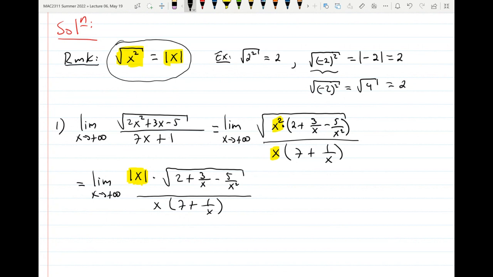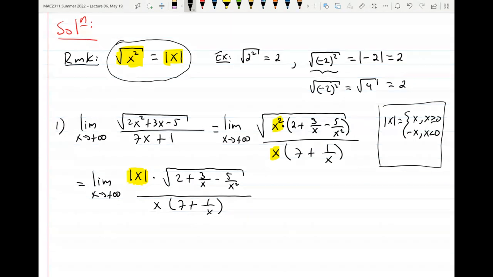Because remember, what's absolute value of x? Remember that absolute value of x equals x itself if x is greater or equal than 0, or negative x if x is less than 0. This is the recipe of how you eliminate absolute value. You can get rid of it, but before you do that, you need to know the sign of what's inside, because if it's negative, you have to put a minus in front.